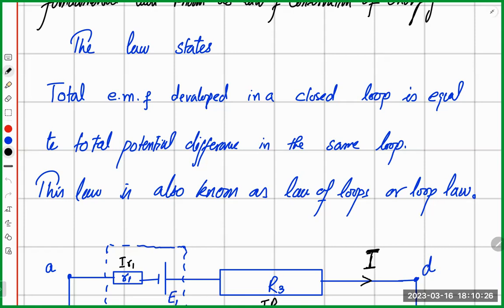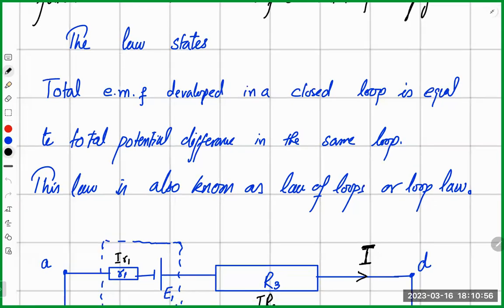So in this law, energy converted from other forms to electrical in a loop is equal to energy converted from electrical to other forms in the same loop. Because we are saying loop more than once, this is also known as Kirchhoff's loop law.